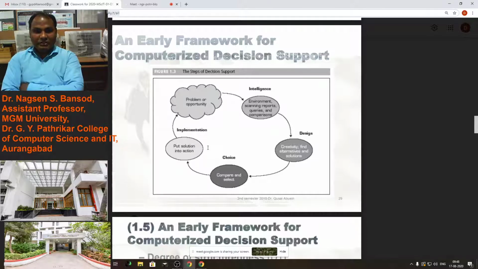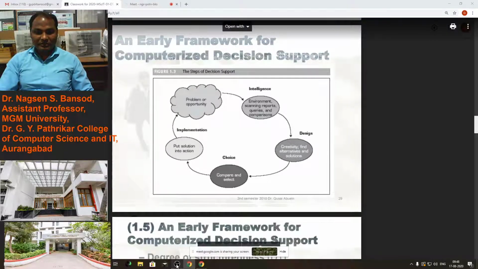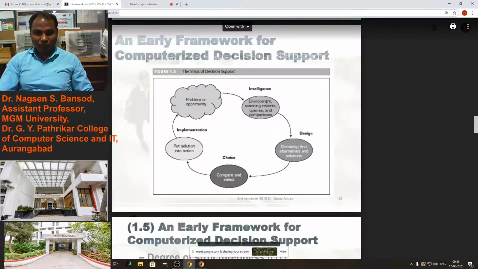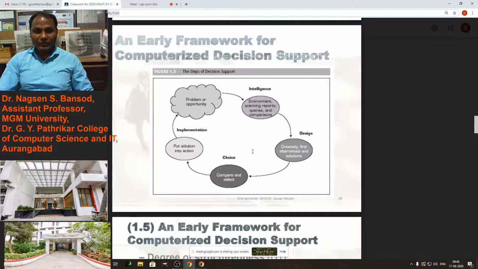The steps are shown in this figure 1.3, the steps of decision support system: intelligence, design, choice, implementation. These are the 4 components mainly used in computerized decision support system.